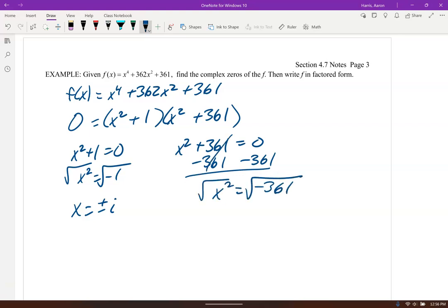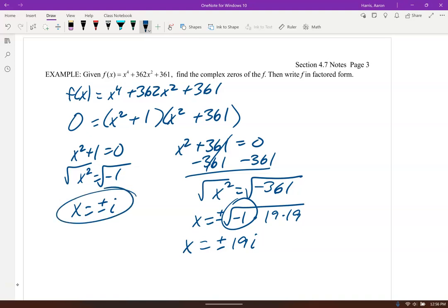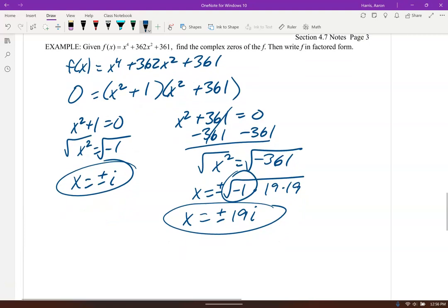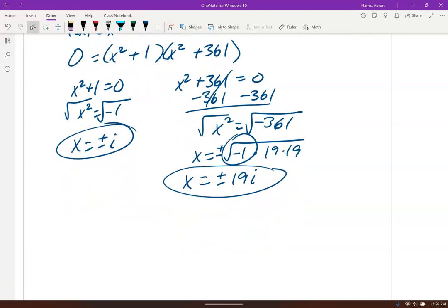Square root. So let me write it this way. That's -1 times 361. Well, 361 is 19 times 19. So here's the i, plus or minus 19i. So there's all four of them: i, negative i, 19i, negative 19i.